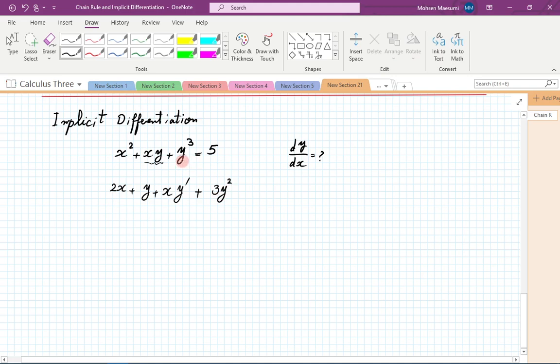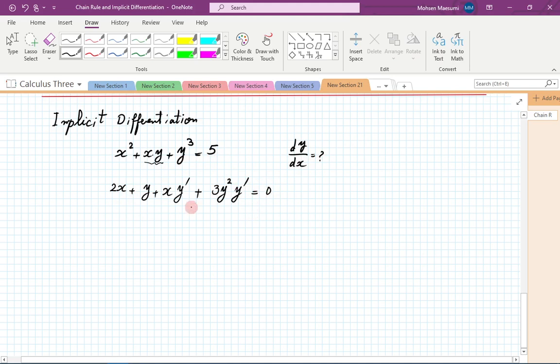You still have to multiply with the derivative of y with respect to x. If you are wondering why we didn't do it here, well, the derivative of x with respect to x is 1. You don't need to write multiplication by 1, but the derivative of y with respect to x, we don't know what it is and we need to include it. In this case, the right hand side is just a constant and its derivative is 0.